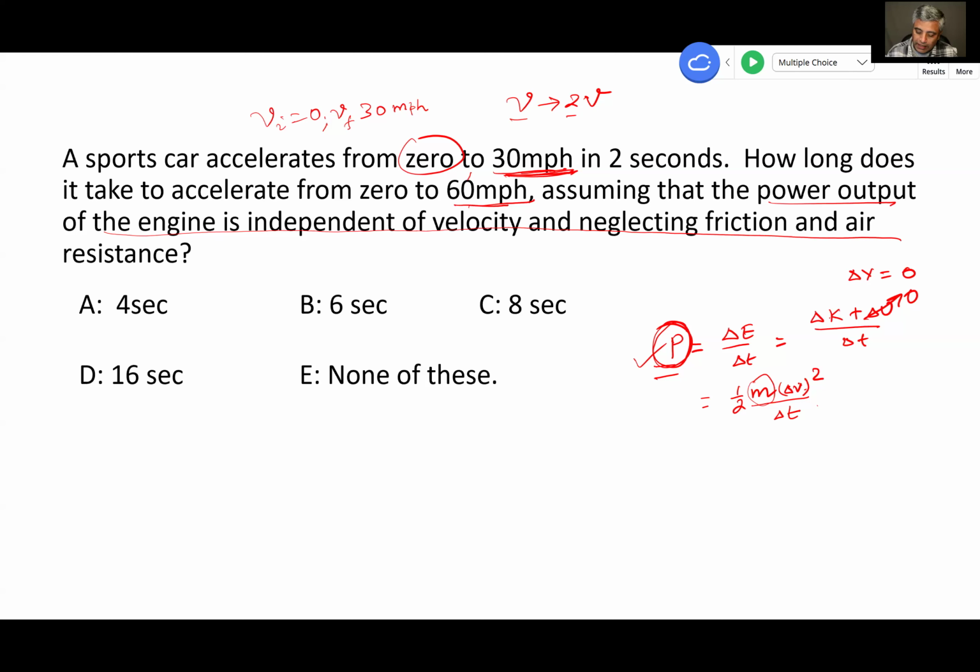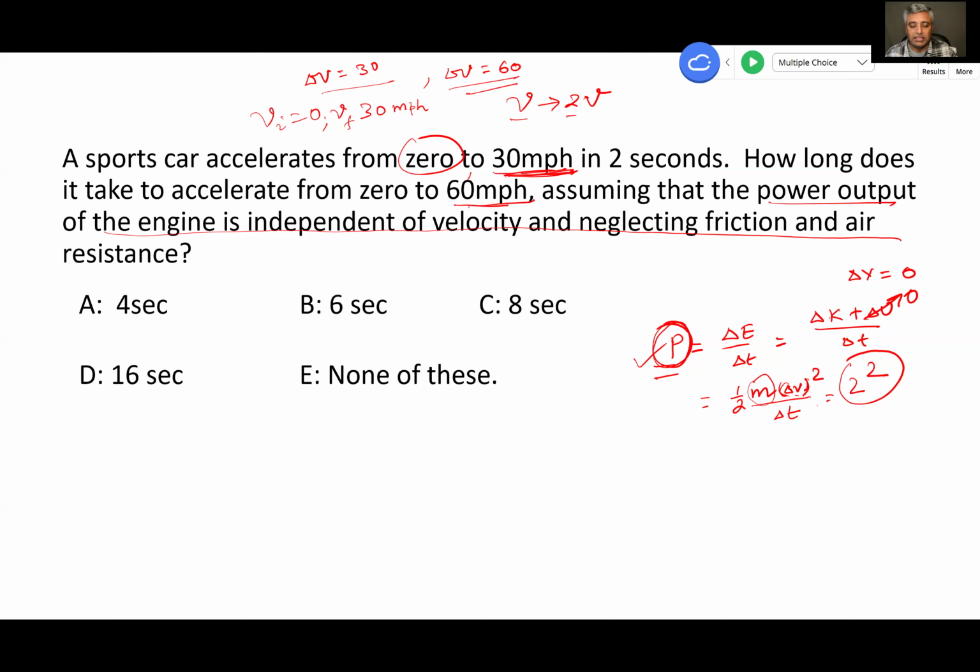So velocity change for this one is 30, and velocity change for the other one is 60. So what's happening? Velocity change is doubling, right? So change in velocity is double for the second car. So when you double the change in velocity and square that, what do you get? You get 4.